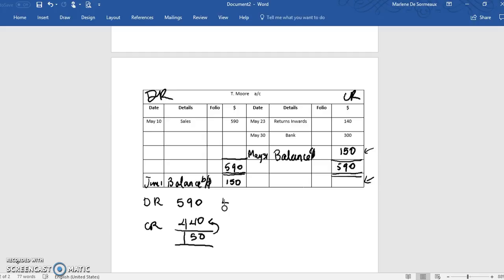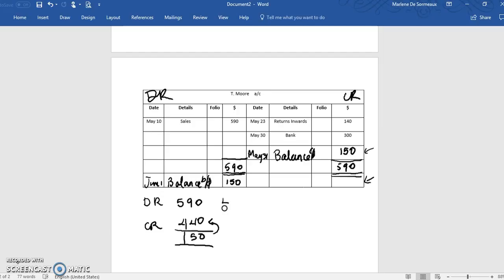It has a different balance brought down than the account we did before. So this account, the balance brought down is on the debit side, and the balance carried down is on the credit side, because the larger side was obviously the debit side. So it would be the opposite. If you look at this account now, look at the transactions that took place, you will see that you sold goods to Timor.